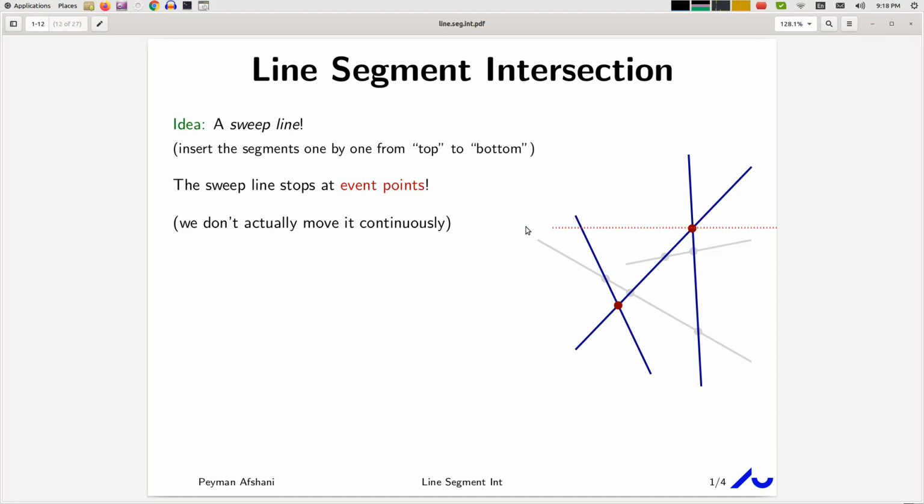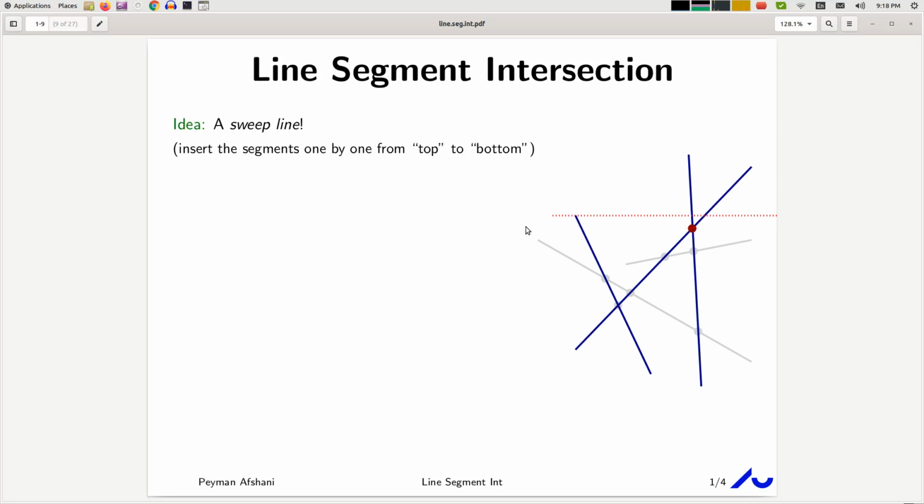The invariant that we maintain here is that at any given point in time, we want to have discovered all the intersection points of all the line segments that are currently in play, in some sense. I will make the invariant a bit more precise later on.